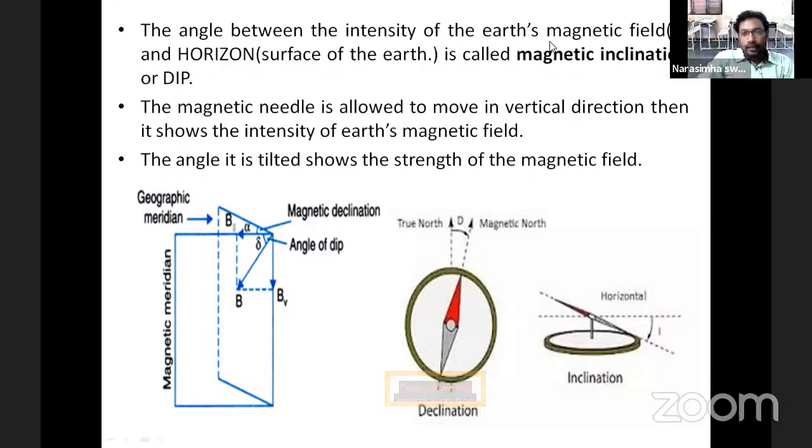So the angle between the surface and the angle of tilting, at what angle this vertical deflection is made, is called magnetic inclination or dip. If the magnetic needle is allowed to move in a vertical direction, then it shows the intensity of Earth's magnetic field. Where this magnetic needle shows more deflection, that is the angle of deflection.